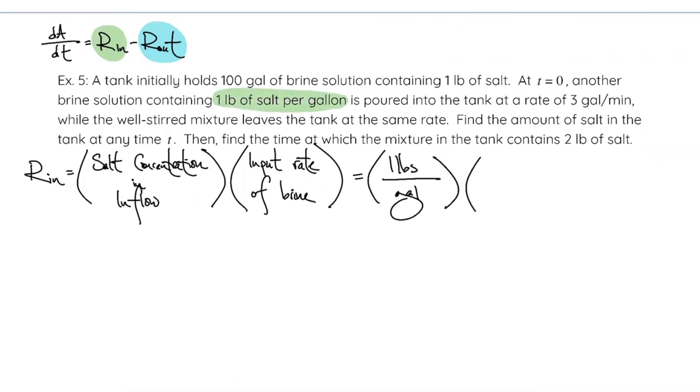What is the input rate? Like how quickly is this coming into the tank? Well, 3 gallons per minute. We'll notice that the gallons cancel and we'll end up with 3 pounds per minute. So there's 3 pounds of salt coming in every single minute.